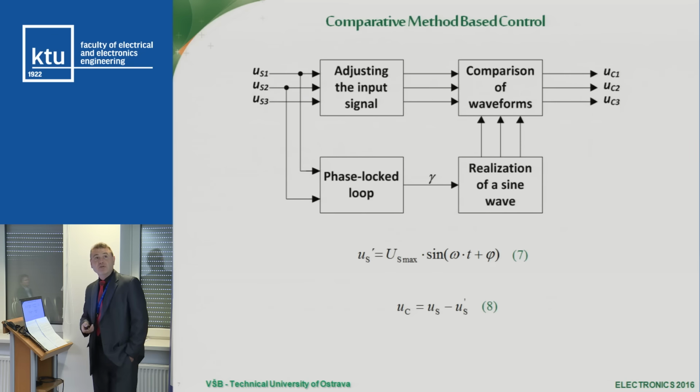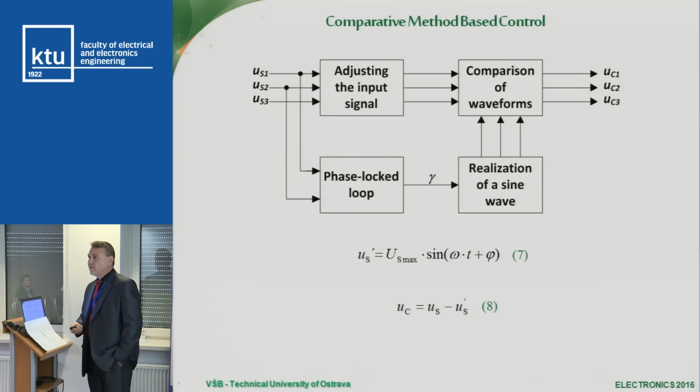Here is the other method. This is the author's method, a comparative method. We have in the microprocessor this sinusoidal wave, and we compare this sinusoidal wave with the wave to get the phases.